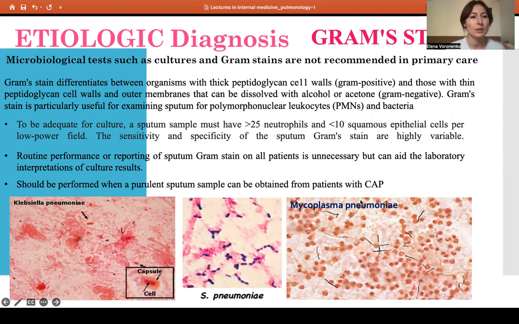Gram stain differentiates between organisms with thick peptidoglycan cell walls and those with thin peptidoglycan cell walls and outer membranes that can be dissolved with alcohol or acetone. Gram stain is particularly useful for examination of sputum for polymorphonuclear leukocytes and bacteria.